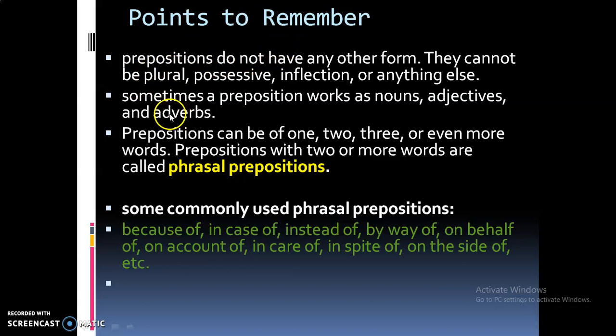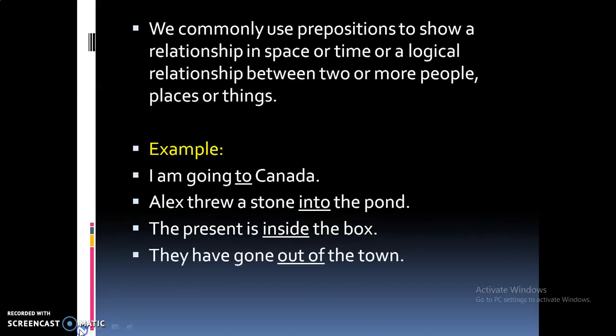And point number 2, sometimes a preposition works as a noun, adjective, or adverb. This is the second point that you must remember. And the third point, prepositions can be of 1, 2, 3, or even more words. So don't imagine that a preposition means only one word. Let us go to the previous examples.